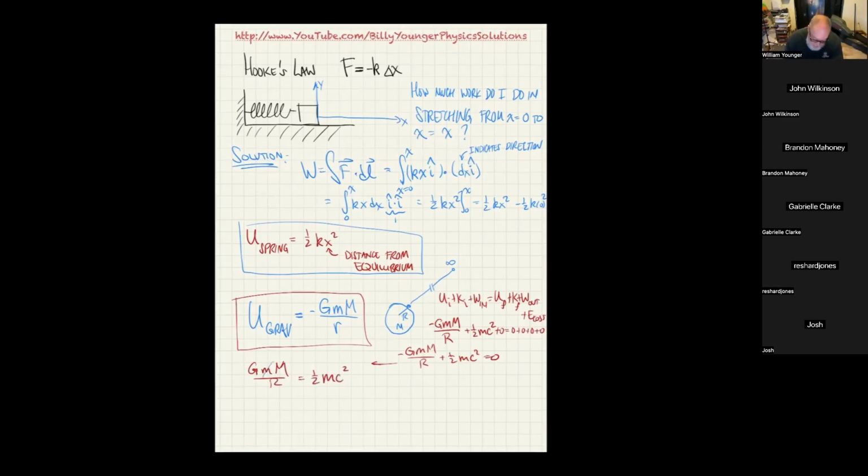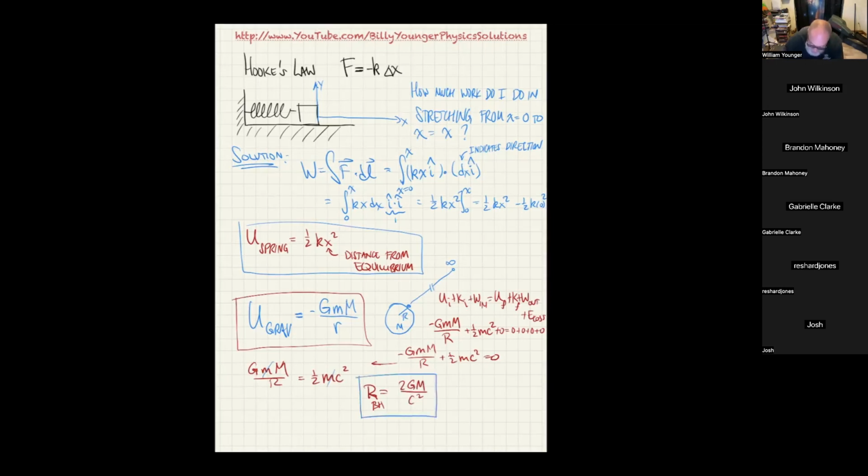I'm going to get rid of this mass right here, and I will solve for R, and I'll get R. I'll tell you why I subscript it that way in a second, but I get R is equal to 2GM over c squared.